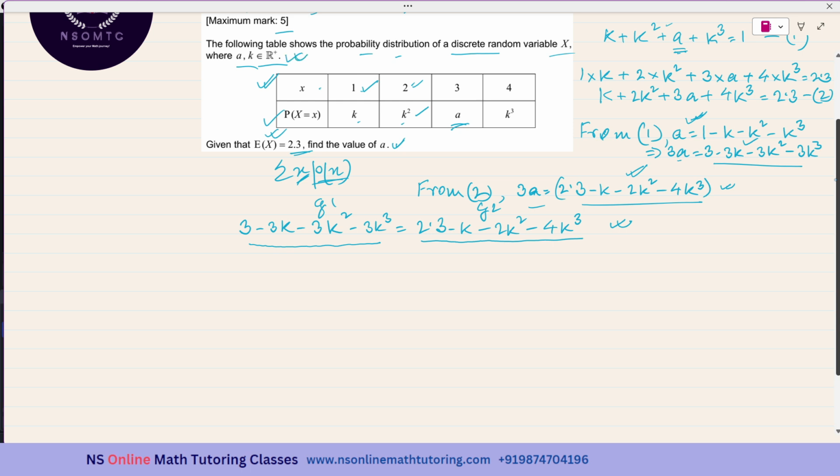So even if you see that these two graphs are intersecting with a negative x coordinate, definitely you will not be taking that value of k because the x will be representing k.